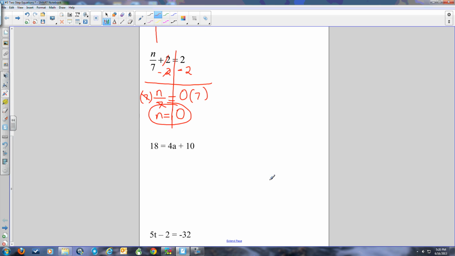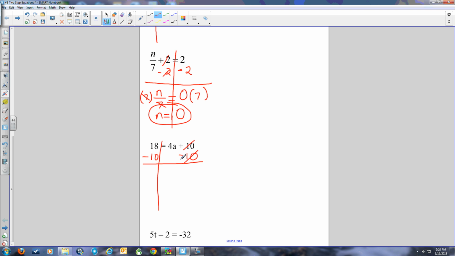Okay, so let's go ahead and do the next problem. We have 18 equals 4a plus 10. Take care of any addition and subtraction first, so let's start by subtracting 10 from each side.